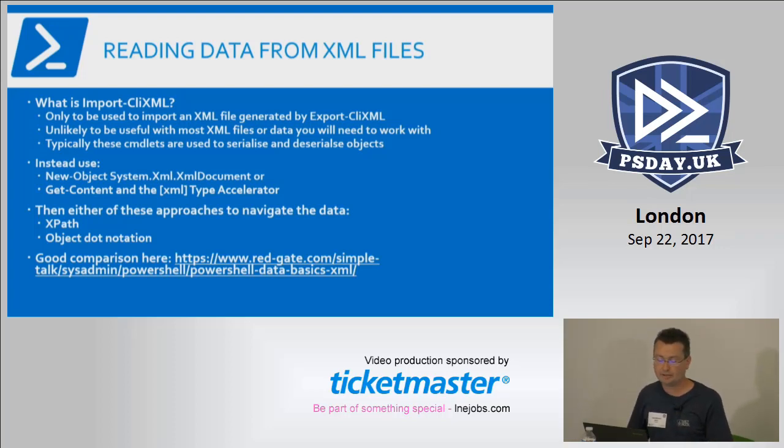Once we've got that data in, we've got a couple of different ways we can work with that data. So if you're familiar with XPath, if you've worked with XML in other languages, there's full support for that. Or we can use what is kind of referred to as object notation. So have a look at that. There's a link there with a good comparison between the two.